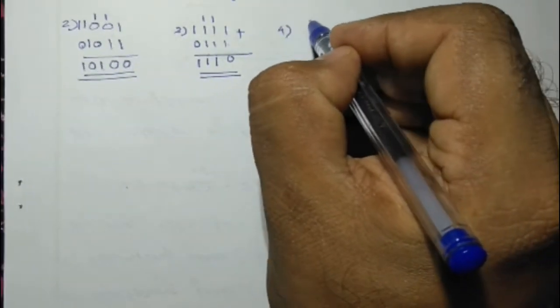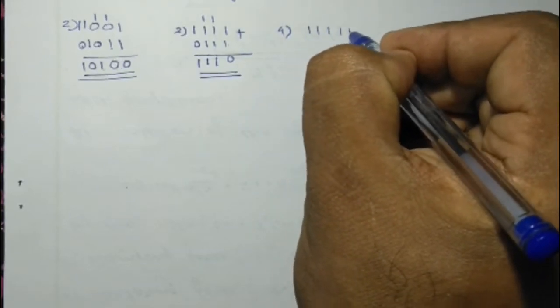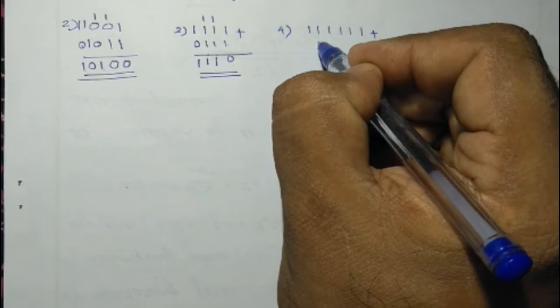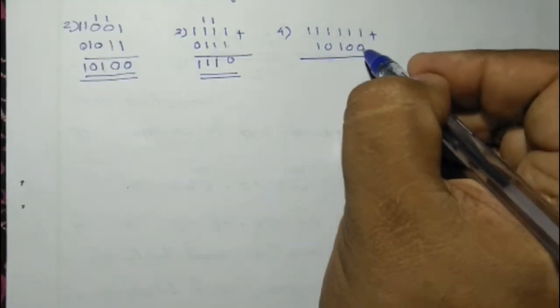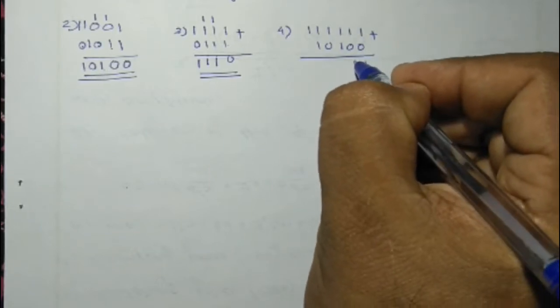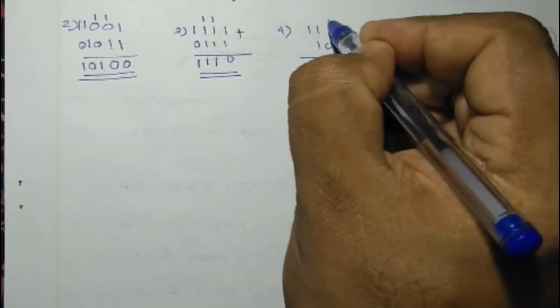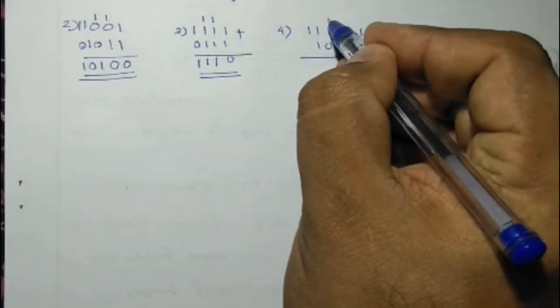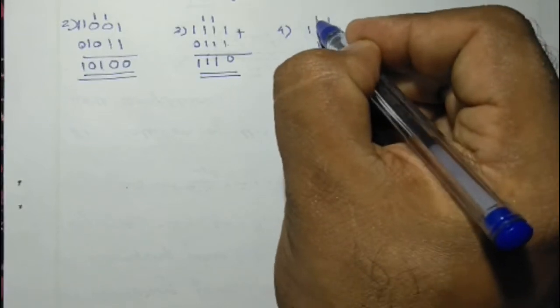We have another example. Say 1, 1, 1, 1, 1, 1 plus, say, 1, 0, 1, 0, 0. So 1 plus 0 is 1, 1 plus 0 is 1. 1 plus 1 is a 0 with a carry 1, which makes a 1 plus 1 here, which makes a 0 here with a carry 1.